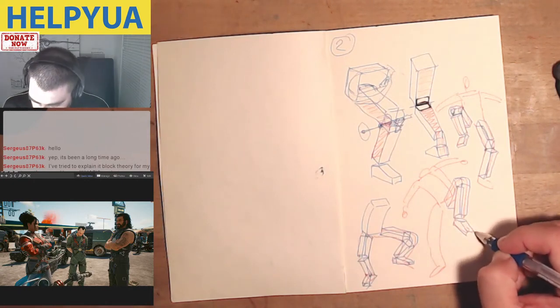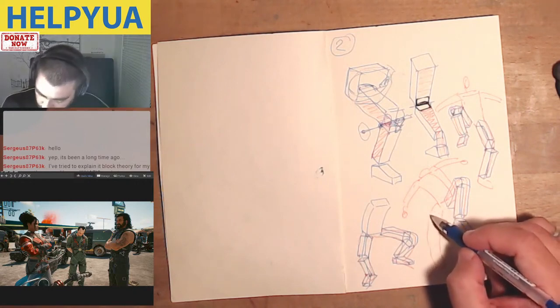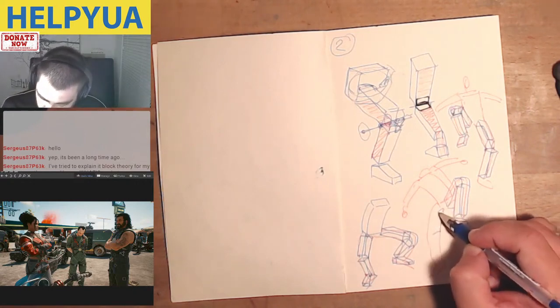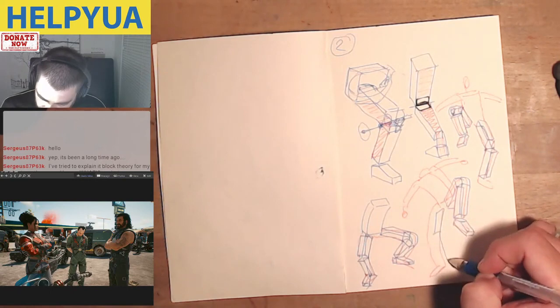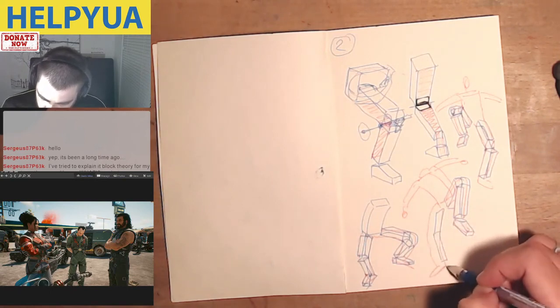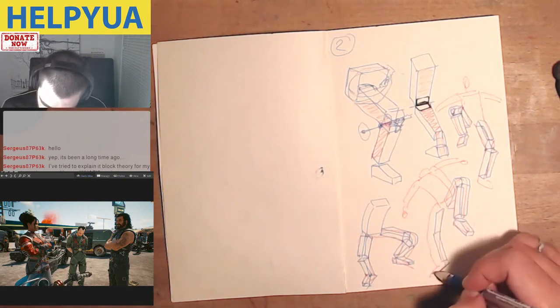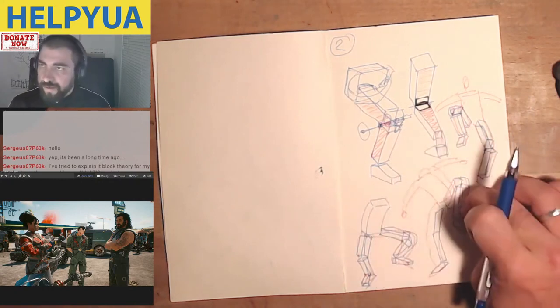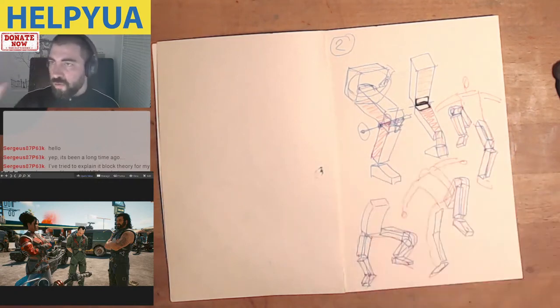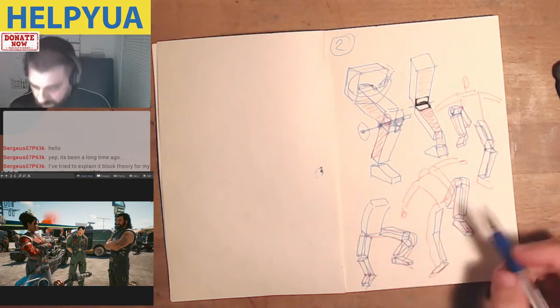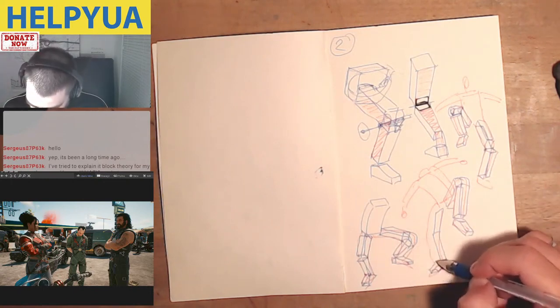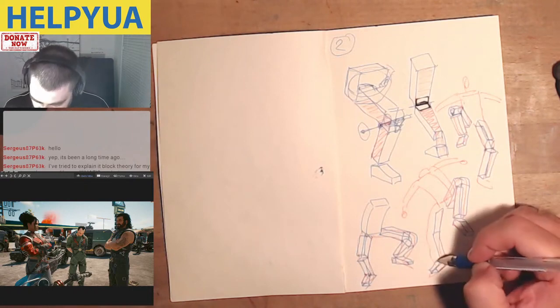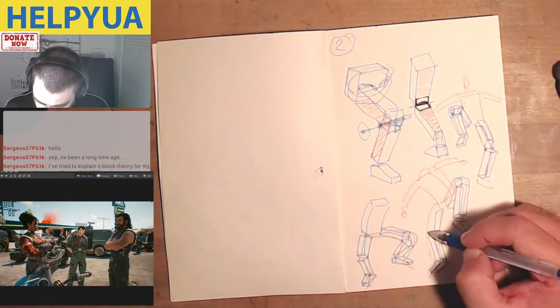Yeah, I already use this box system in my drawing, but it's not as fluent as I want it to be. So I'm still kind of stuck a little at this stage. I want it to be more subconscious. Now I still need to make an effort to estimate this.